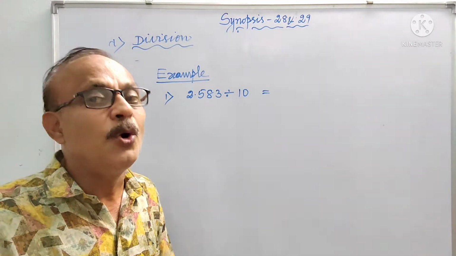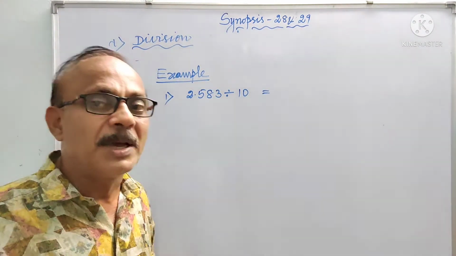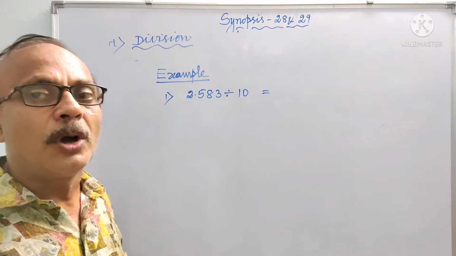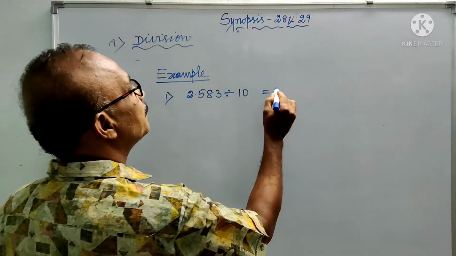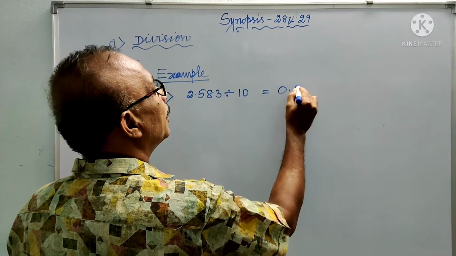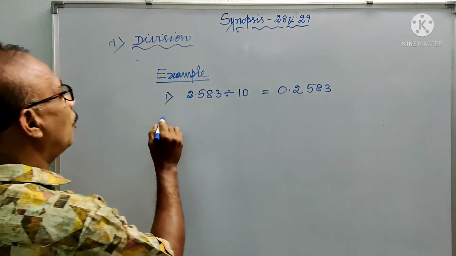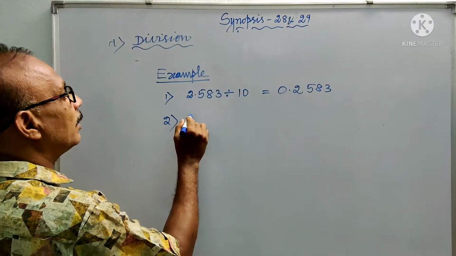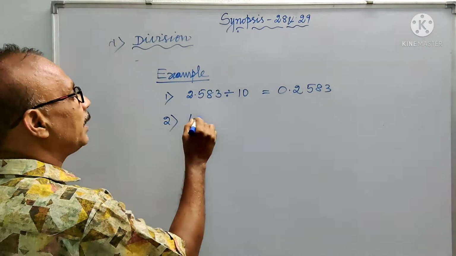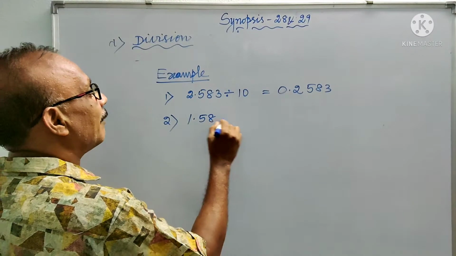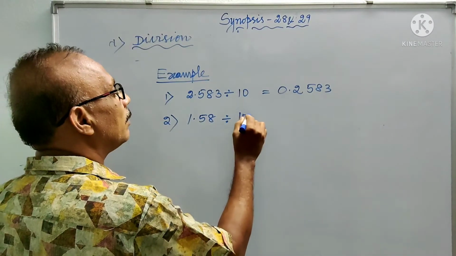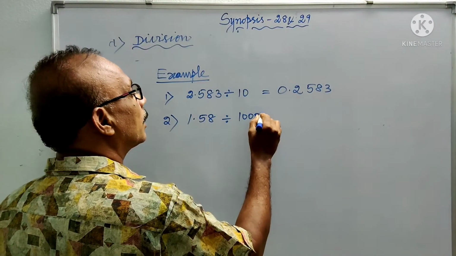Whenever there is no whole part, it is customary to place a 0 in place of the whole part. So this becomes 0.2583. Now suppose you have to divide 1.58 by 1000 or 10,000.